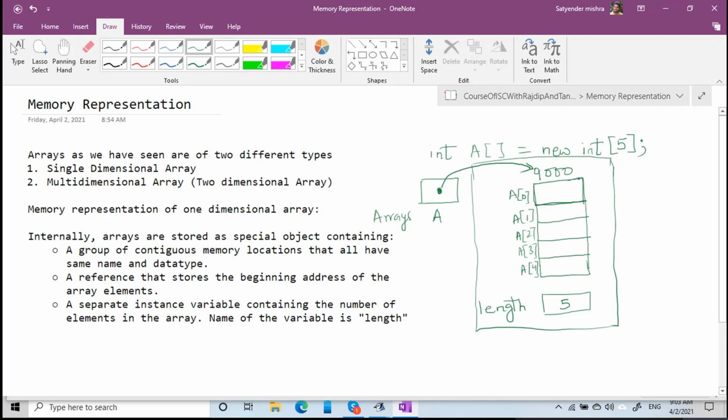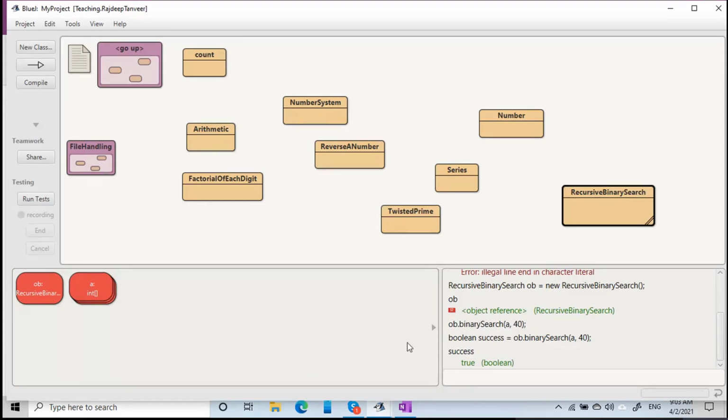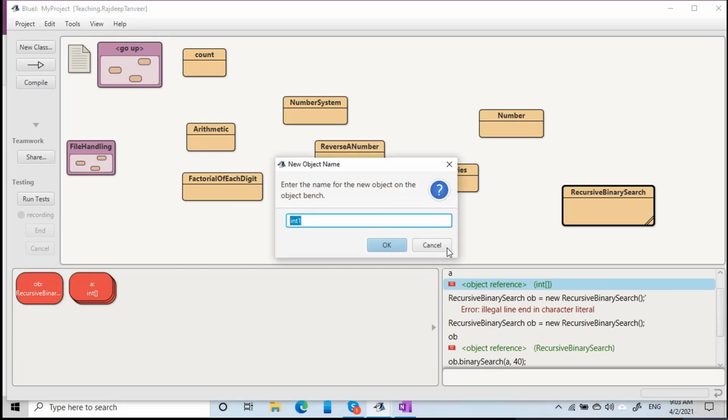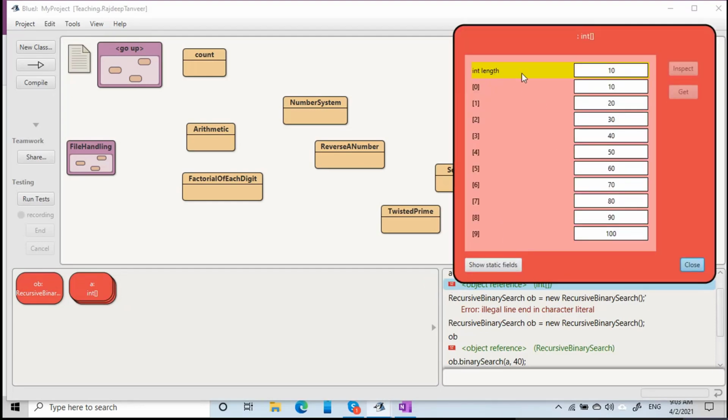So you can see it in BlueJ also. You go to BlueJ, and you can see the object reference right here. This is an integer type of object, and when you double click on it, you can see the length.